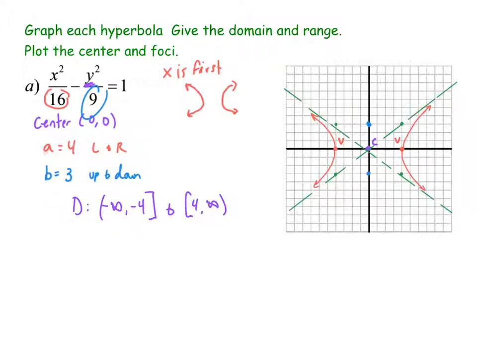As I then want to do the range, as I look at the bottom of the graph, lowest to highest. There are arrows pointing down, so that means this would go down forever. And then as I look at the graph, it's continuous all the way up forever to positive infinity. So we can say from negative infinity to positive infinity, or you could say all real numbers.